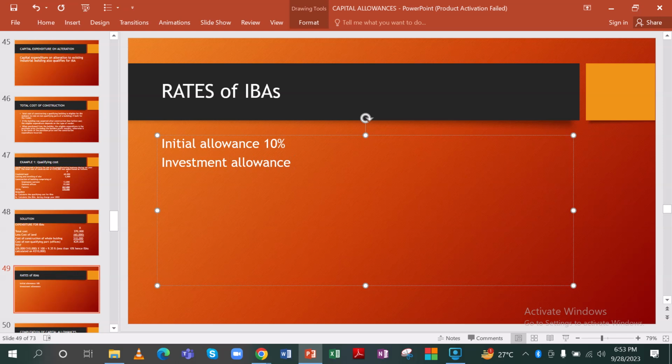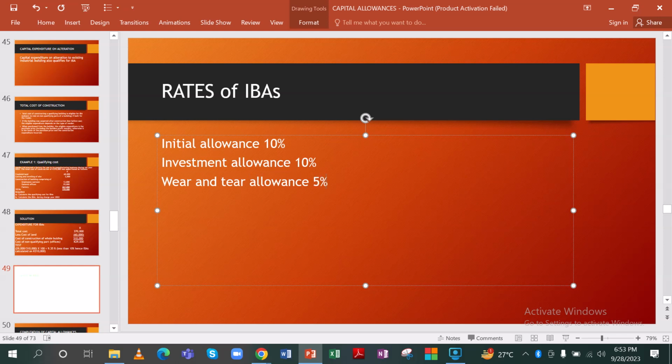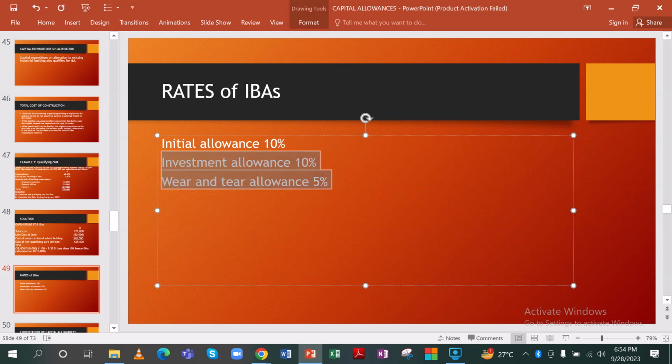That also attracts 10% on original cost. We also have the wear and tear allowance. That attracts a 5% rate. So that is what we are going to apply now.